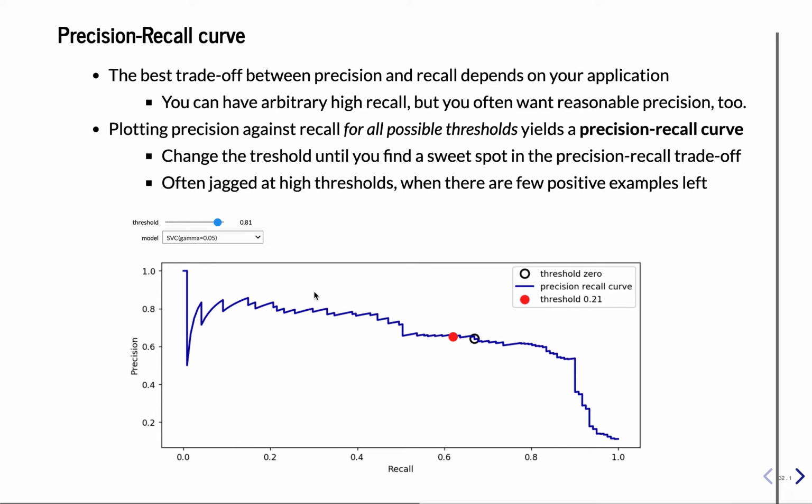So you can basically look at this curve and see where the interesting trade-offs are. For instance, if you are primarily interested in recall, you may recognize that this point somewhere here is interesting, right? Because it has high recall, it has slightly lower precision than the original predictions.